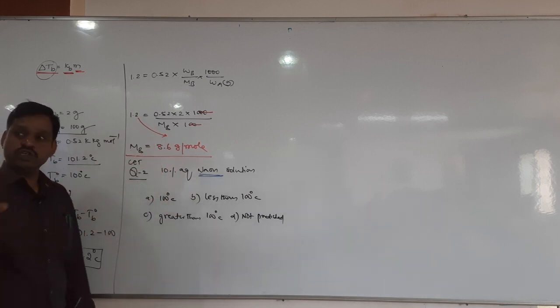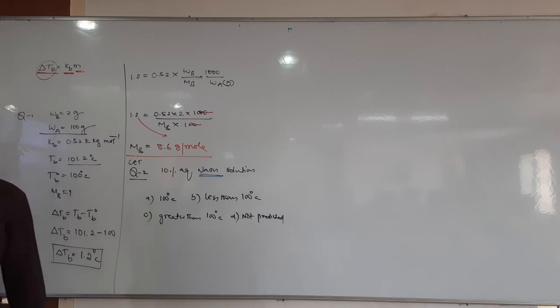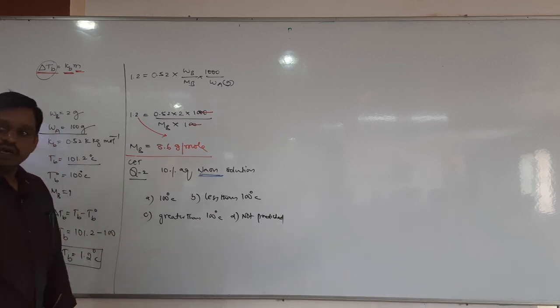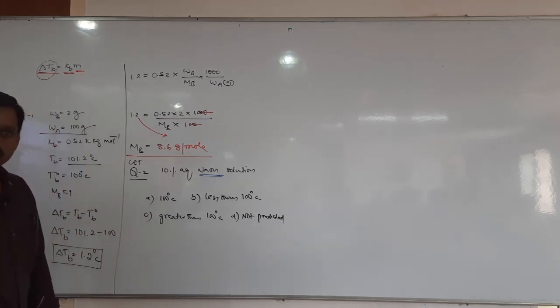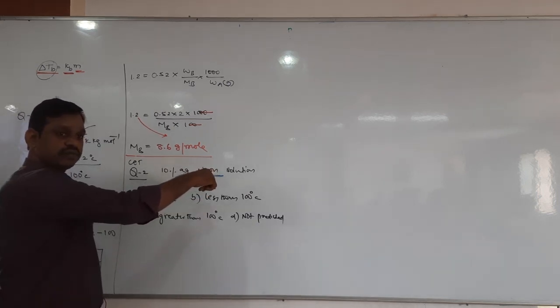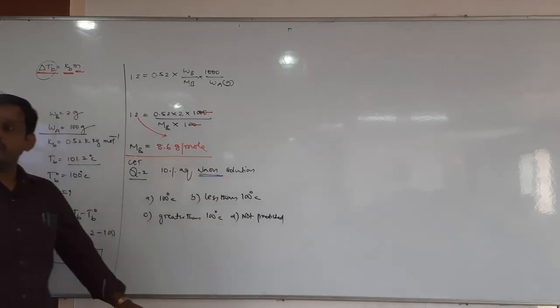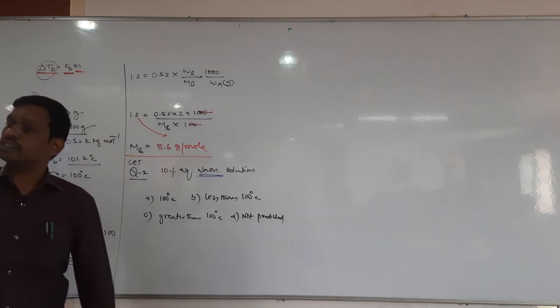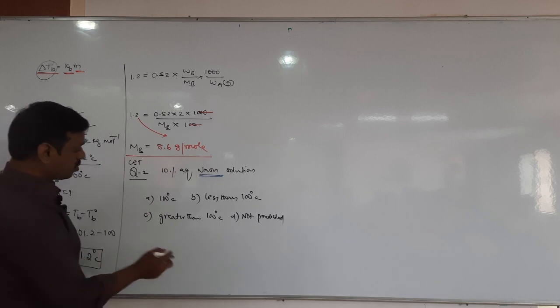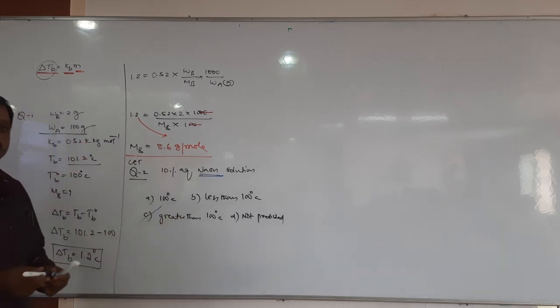Boiling point of solution is always greater than the boiling point of pure solvent. It is an aqueous solution. So what is the boiling point of pure water? 100 degrees Celsius. But we are adding sodium hydroxide. So when a non-volatile solute is added, its boiling point must be greater. How much greater? We don't know. We have to calculate. It must be greater than 100 degrees Celsius.